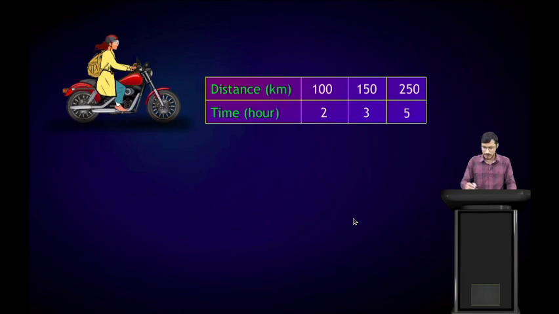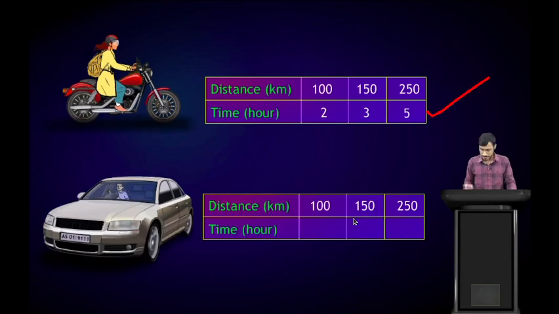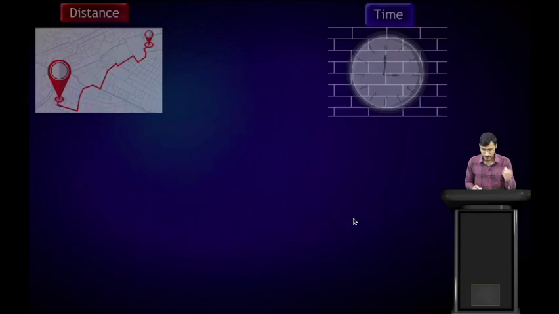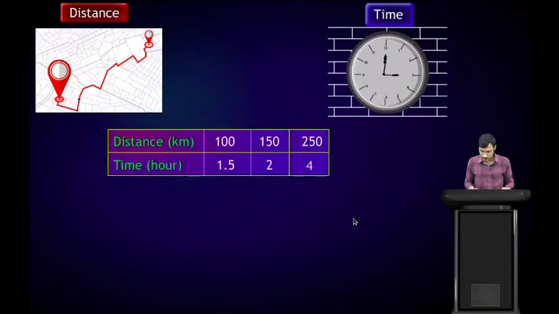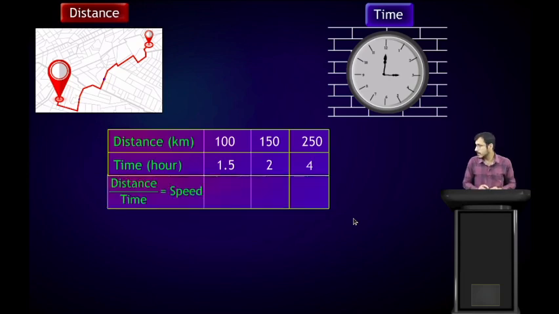So here you can see Anusuya's distance and time. Now for Somnath, the distances are the same: 100 kilometers, 150, and 250. The time taken by Somnath is 1.5 hours, in the second one 2 hours, and the third one 4 hours. Distance upon time is equal to speed.